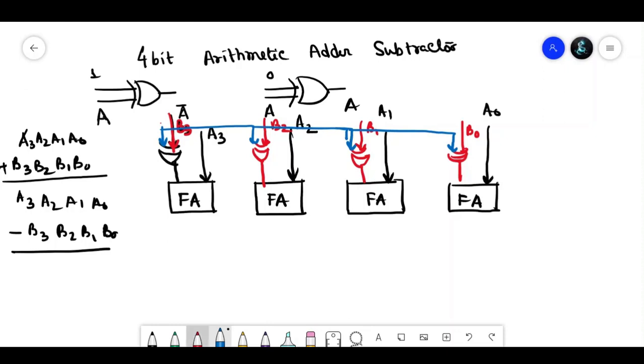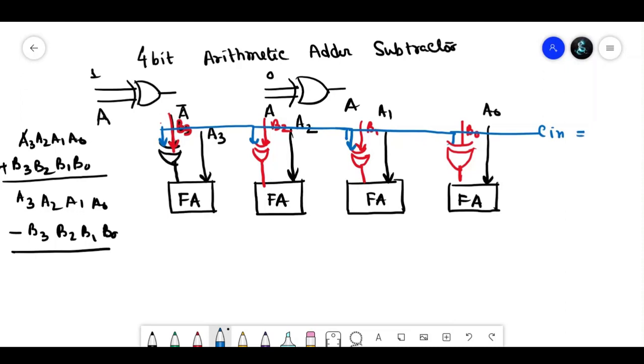Okay. So here basically actually this is another XOR. So here one input is B0, B1, B2, B3 and another input is the carry in. This is the carry in, C in.